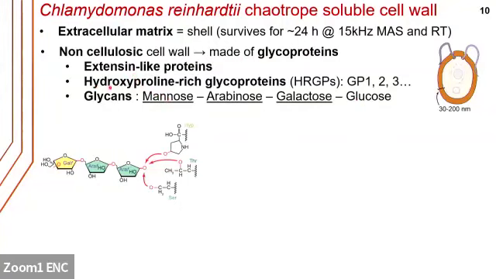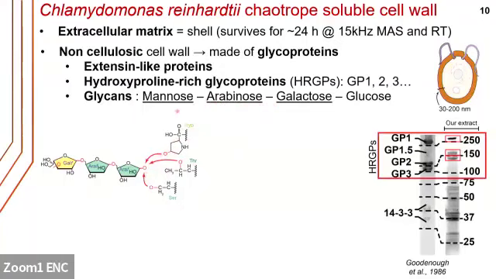Those extensin-like proteins are also called hydroxyproline-rich glycoproteins, and those are the main proteins that have been studied in the past decades. They were focusing only on those 3 high molecular weight proteins rich in hydroxyproline, and those previous works mostly reported arabinose and galactose as the glycan units through the O-glycosylation of hydroxyproline. This is what we get in our sample here.